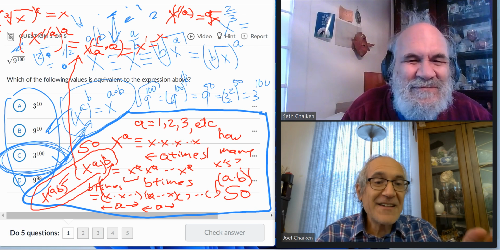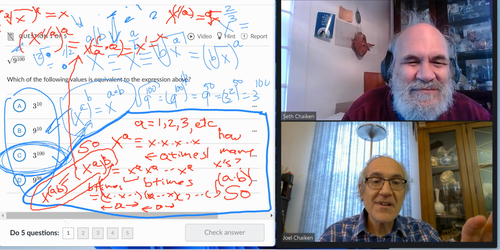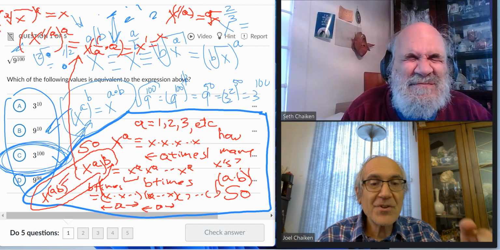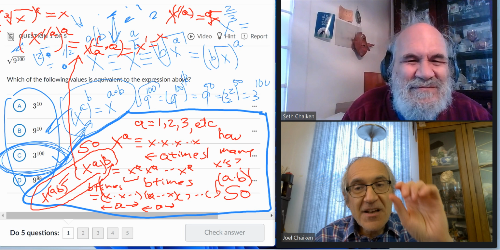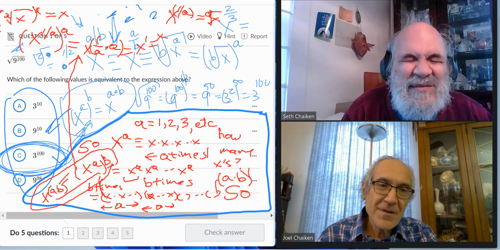Wait. So you're saying that first comes the power rule, and then from the power rule you fudge the rational exponent thing so that the power rule works. Yes.